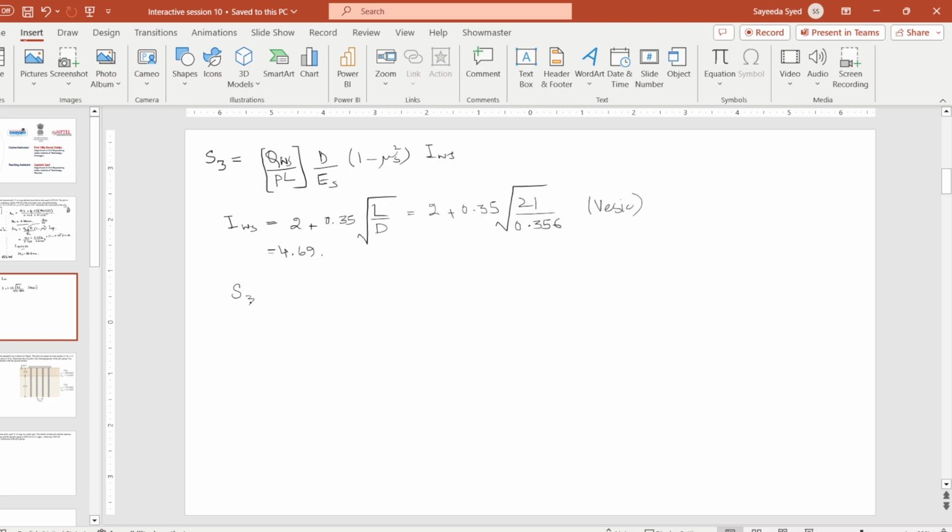So our S3 will be 350 over the perimeter we had mentioned in the last slide.